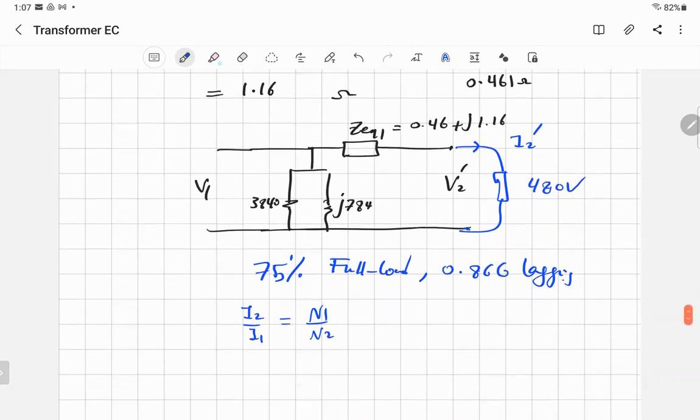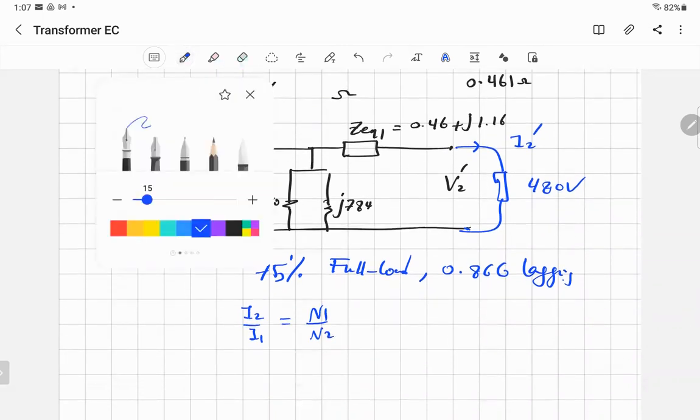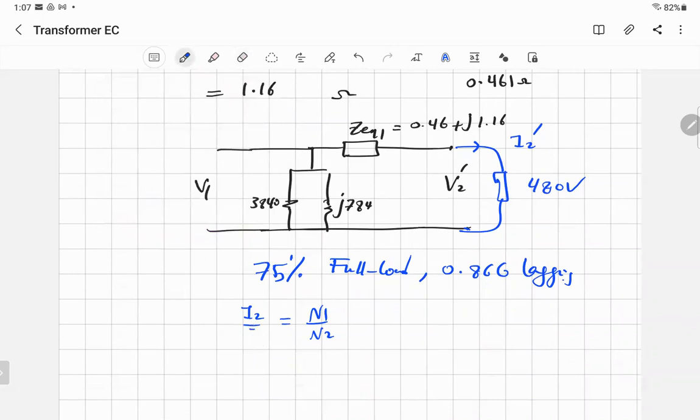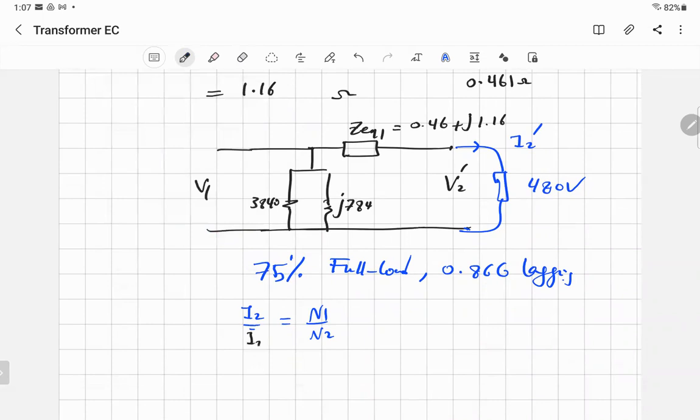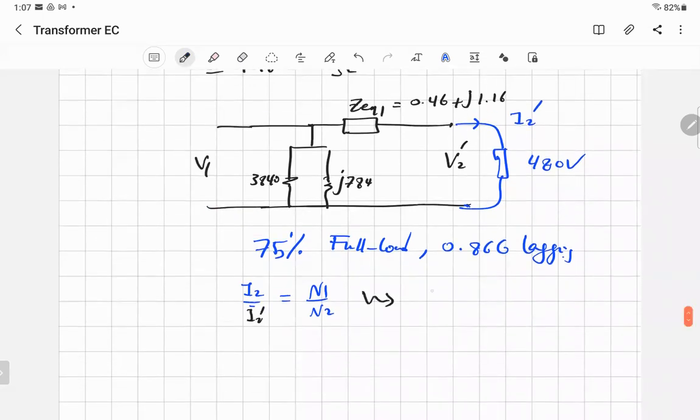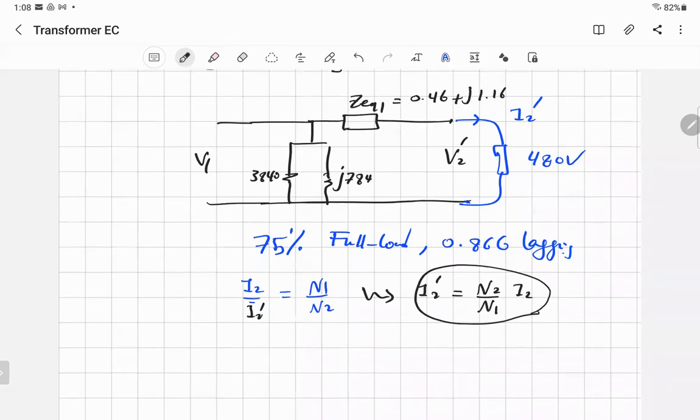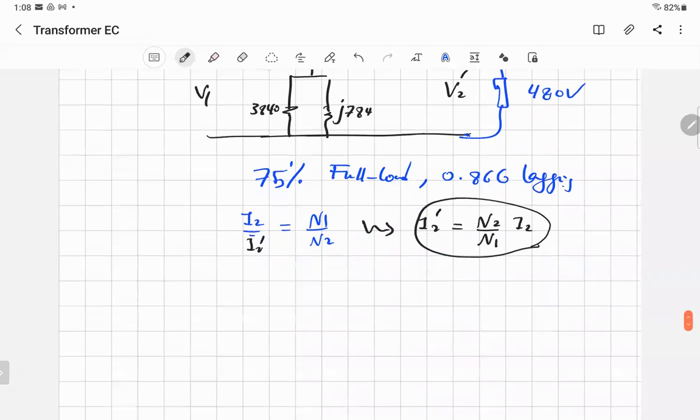I2 dash, that's what's replacing I1. So I2 dash is equal to N2 over N1 times I2. What's I2? I2 is 75% of the full load.